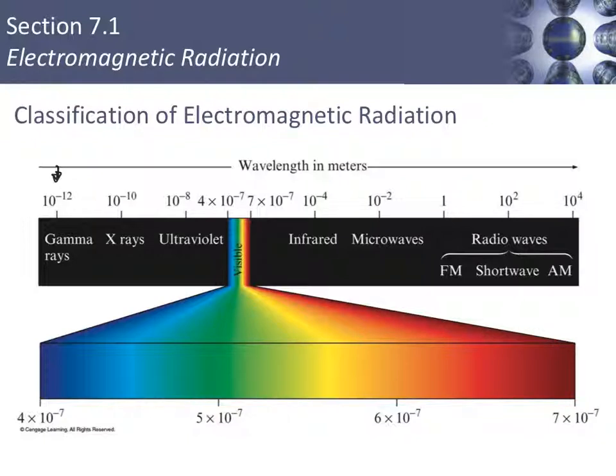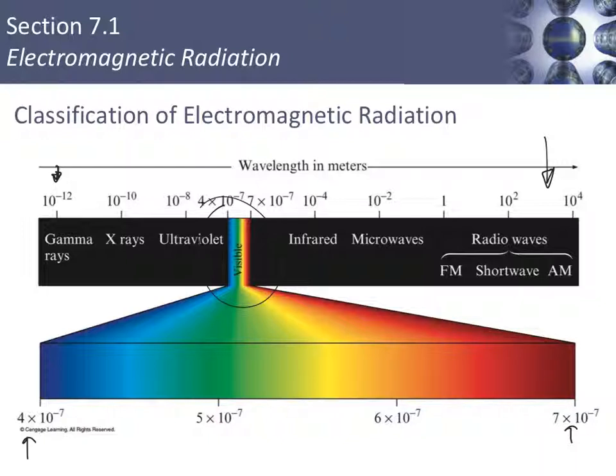The longest wavelengths are over here in the radio range, and then in between we have microwaves, infrared, ultraviolet, and this spectrum here, which is the light that we can see. All the colors range between approximately 400 nanometers and 700 nanometers. So that's the wavelengths of the light that we can see. And we could calculate the frequency of those as well.